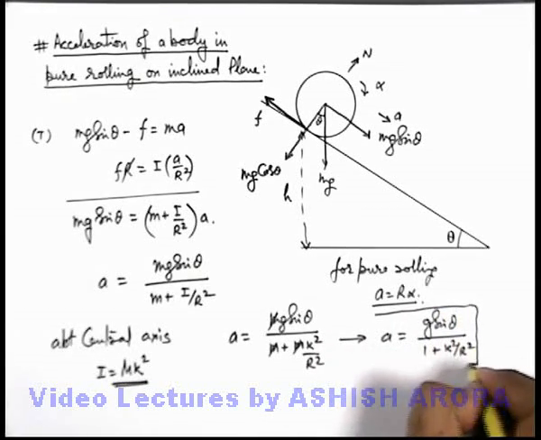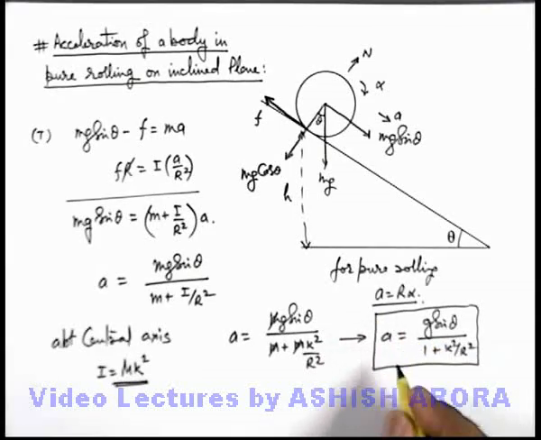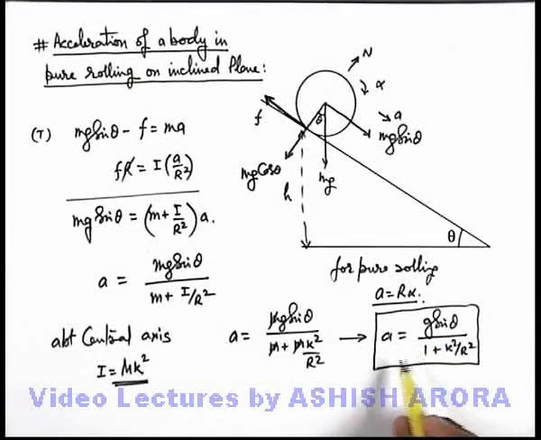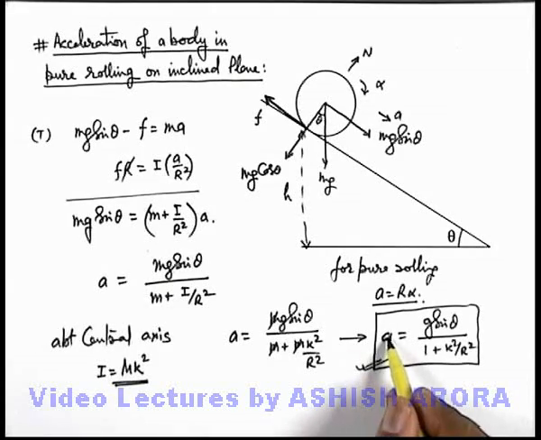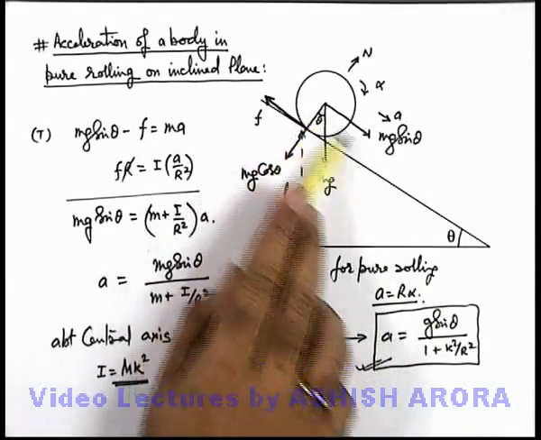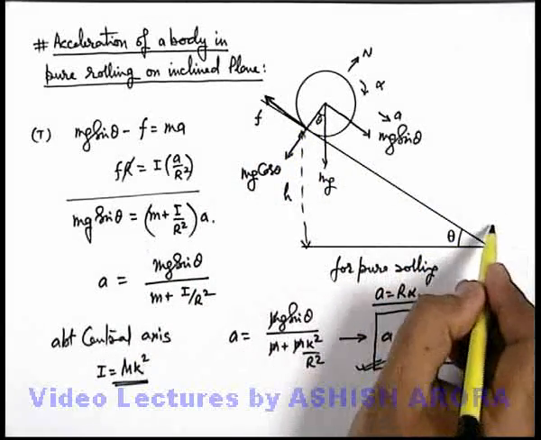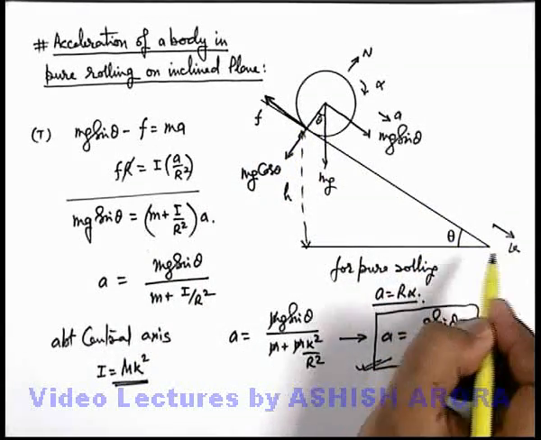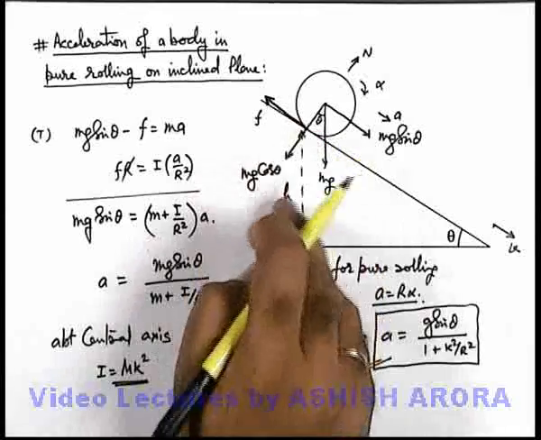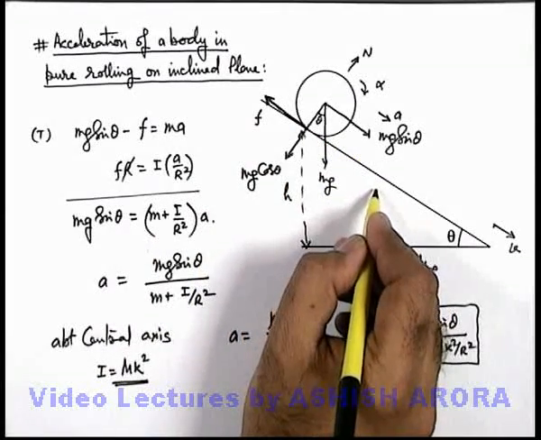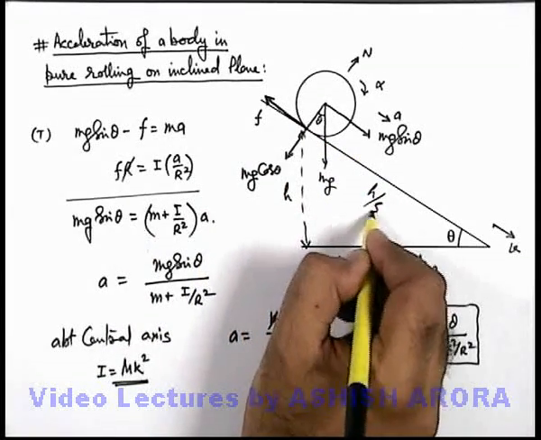You can keep this result as a standard result in your mind, and in many different types of cases it is going to be used. If we are aware of the acceleration for a given object, and it travels down the incline, at the bottom it will reach with speed v. The length of the incline we can write as h by sine theta.